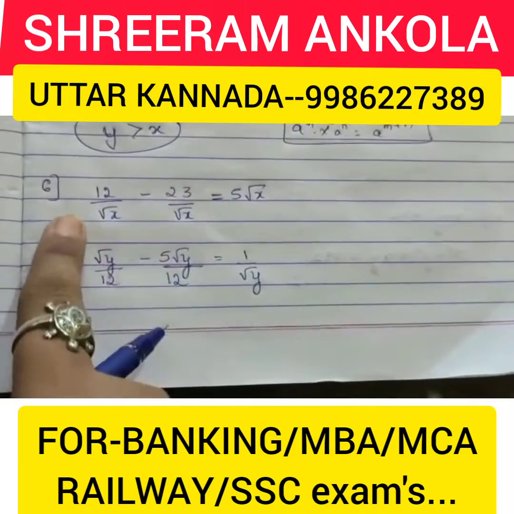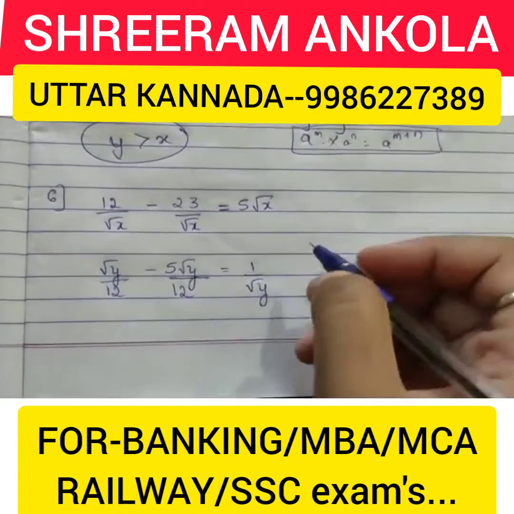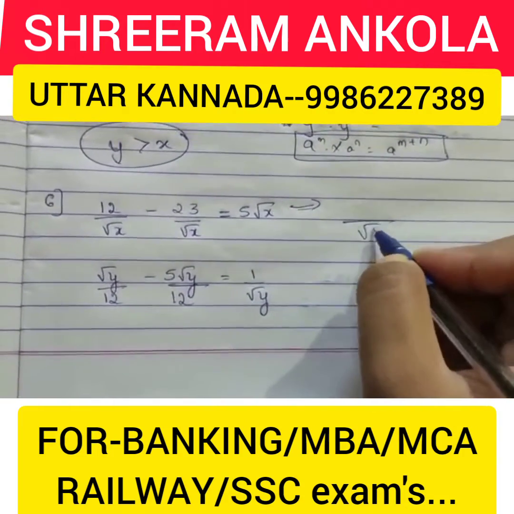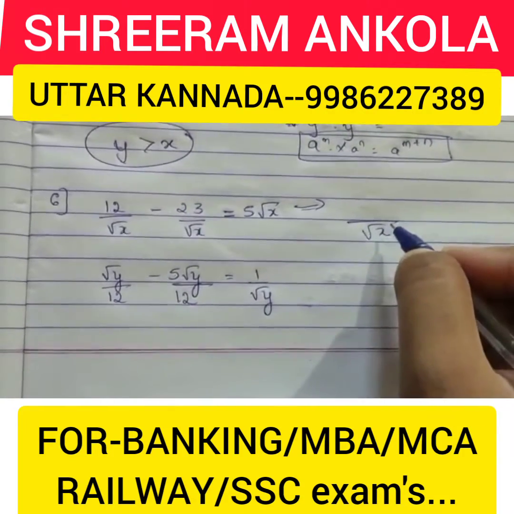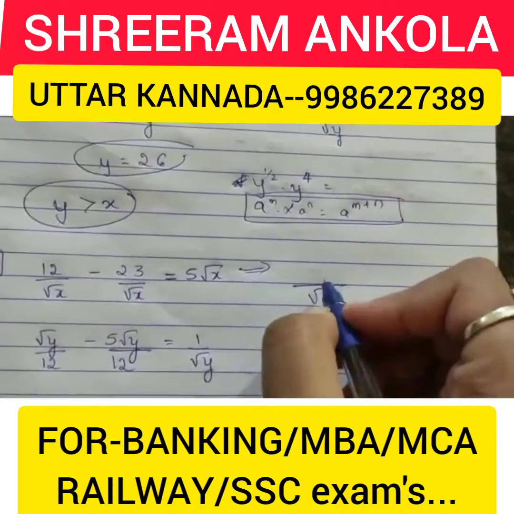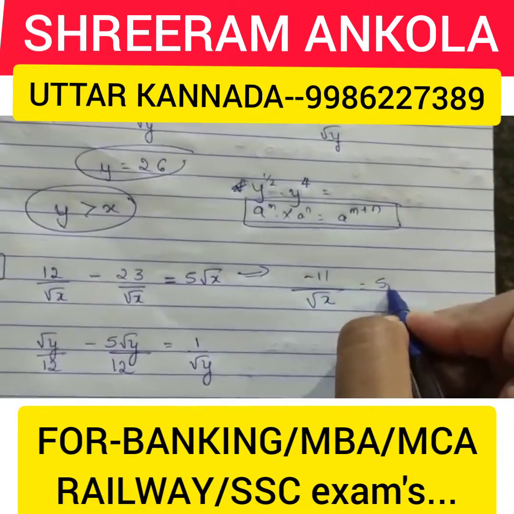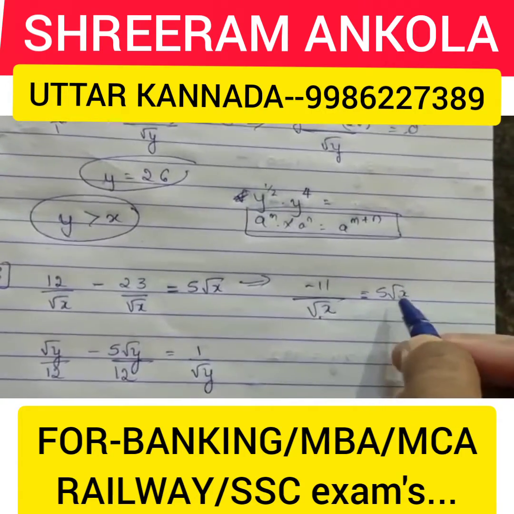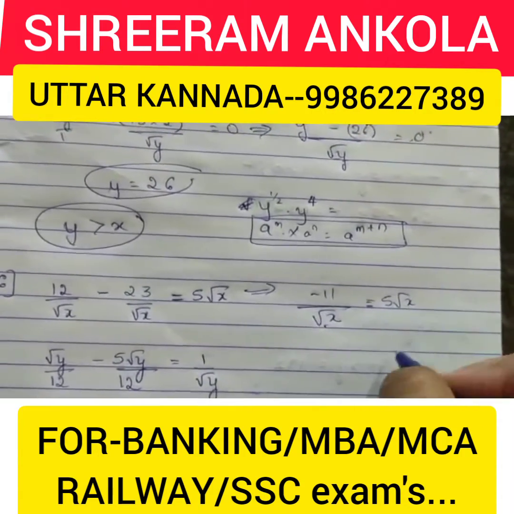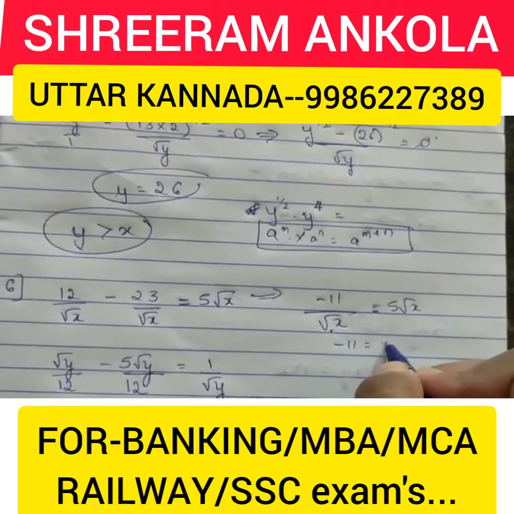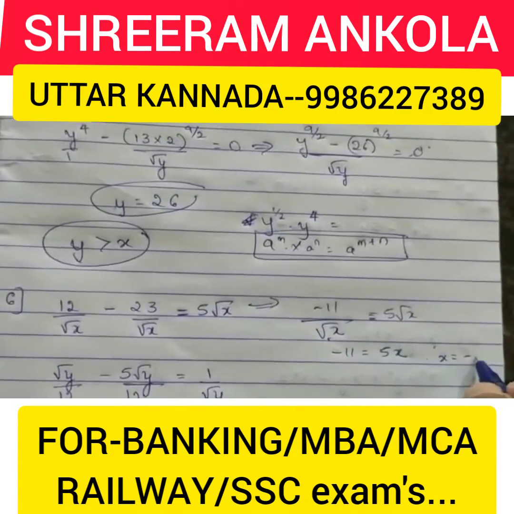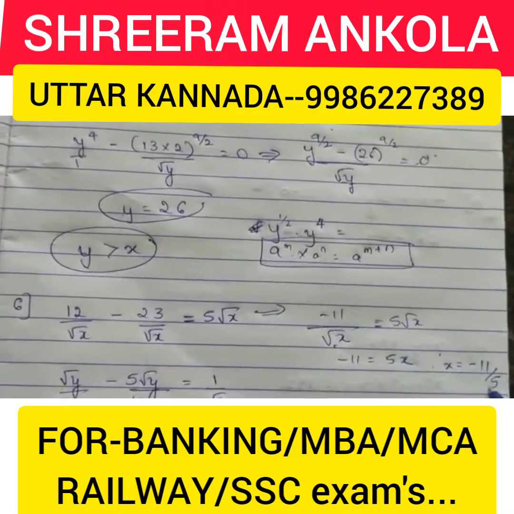Coming to the sixth question, this is your sixth question. Try to solve it. Here also you can do it directly. Root x, 12 minus 23 is minus of 11, which is equal to 5 root x. Equate this both, you will be getting 5 of x minus 11 is equal to 5x. Therefore, x is equal to minus of 11 by 5.